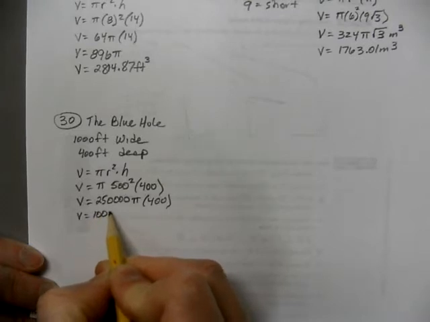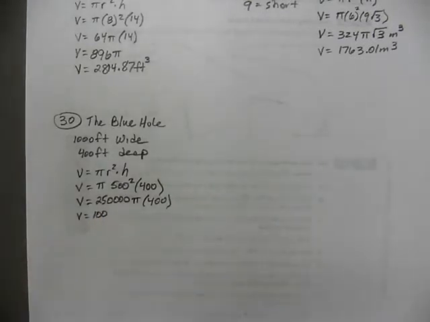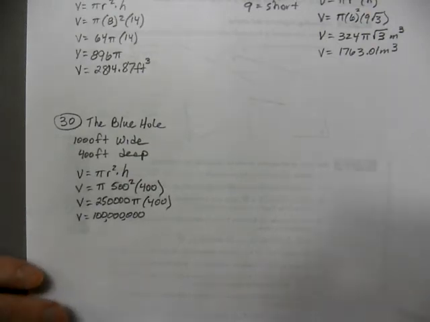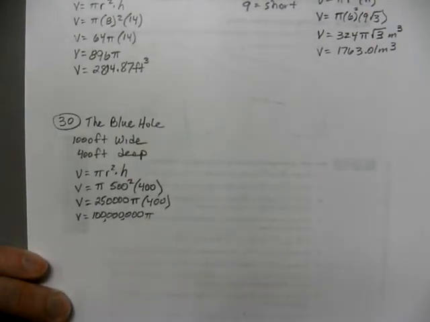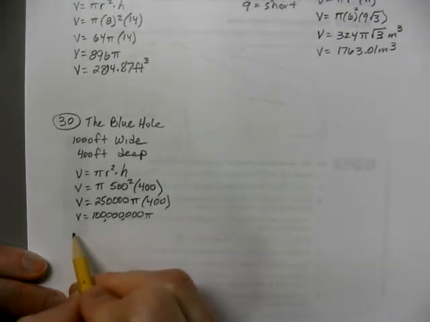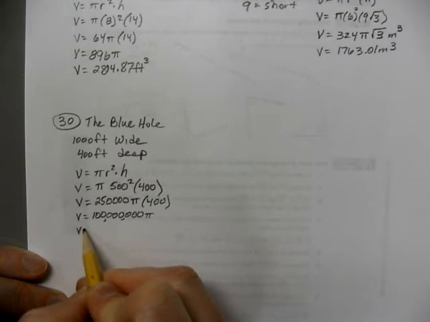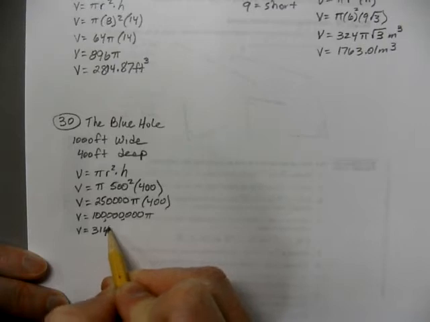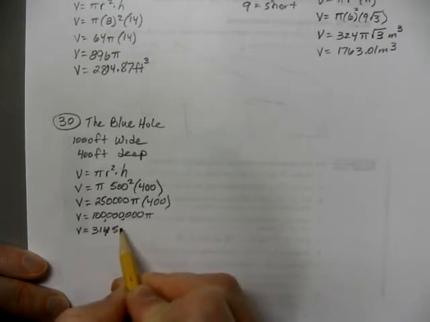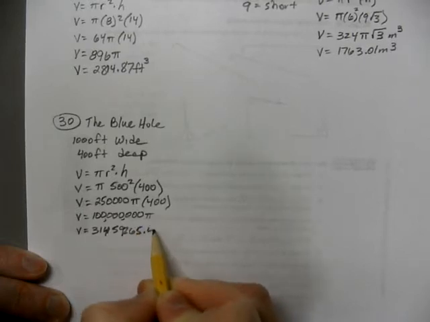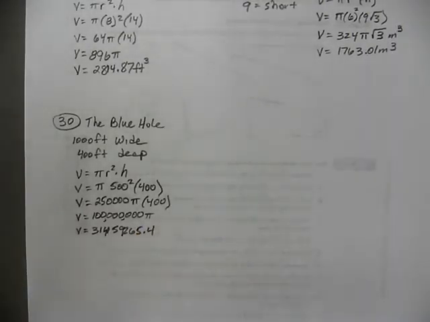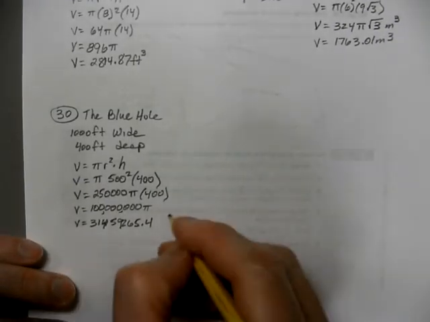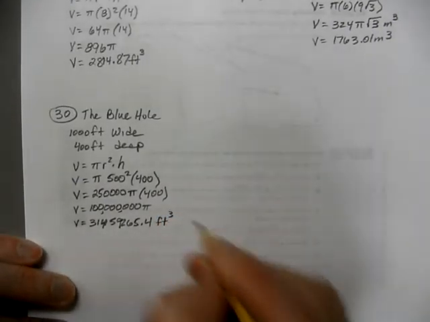And we get 100 million times pi. So we get quite a bit, pretty big volume.